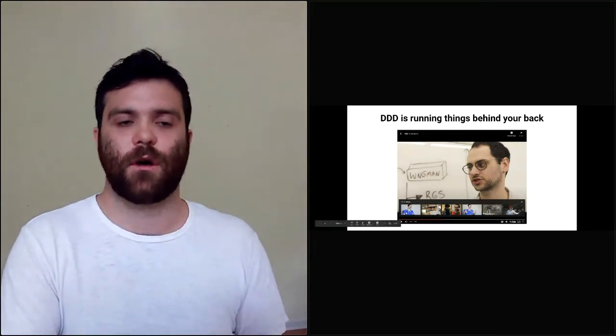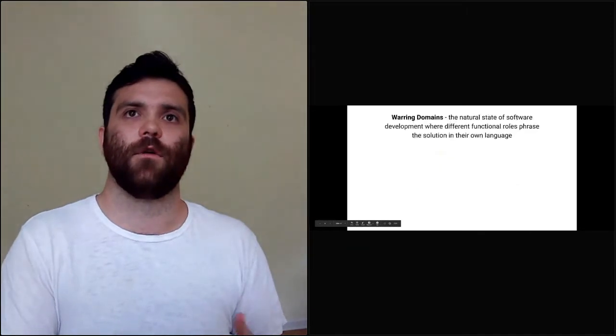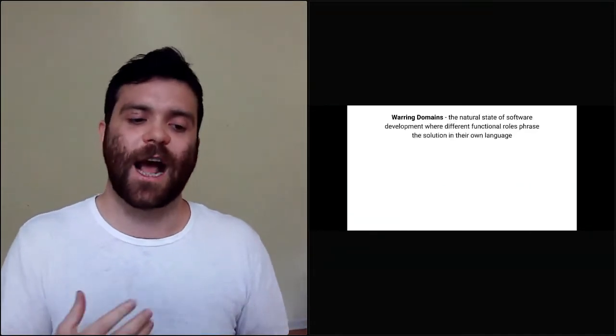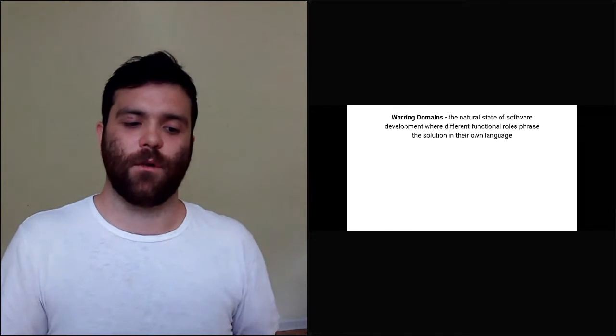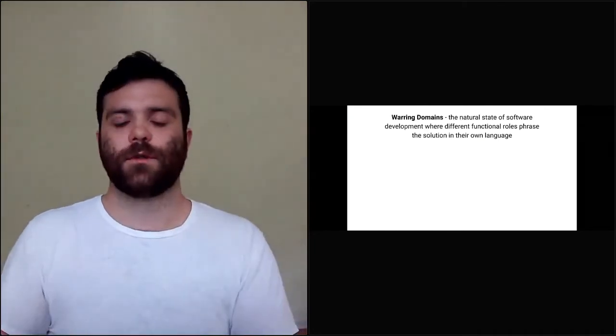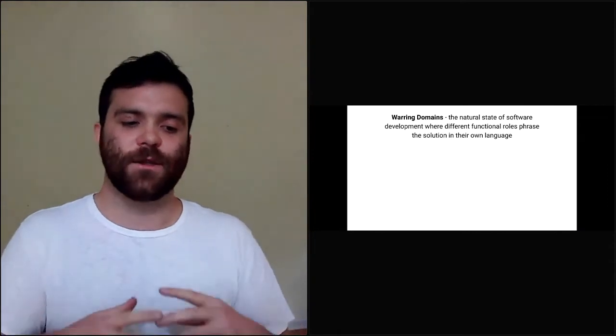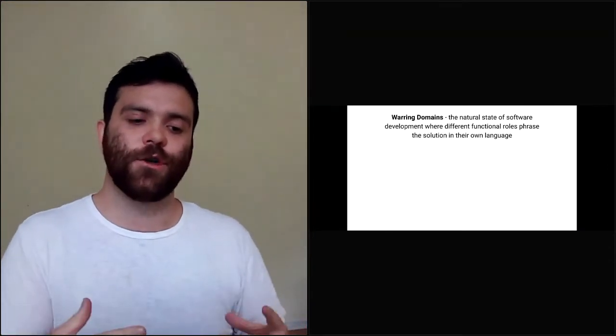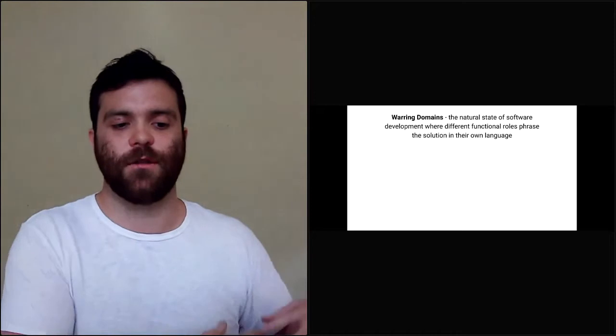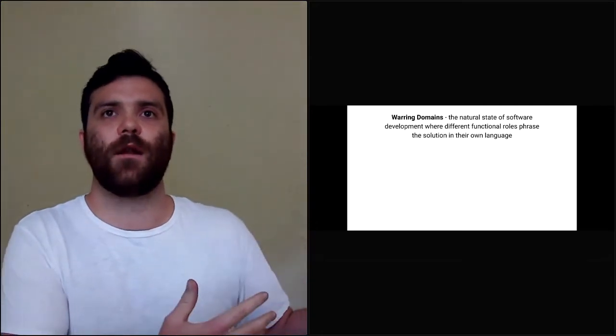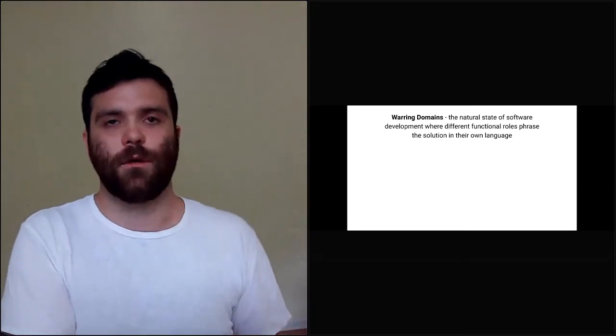So what we just saw is this state of warring domains, right? It's the natural state of software development where different functional roles, product, design, engineering, are phrasing the solution in their own language. The solution meaning your product, your technology, the things that exist that you have created to power your business.